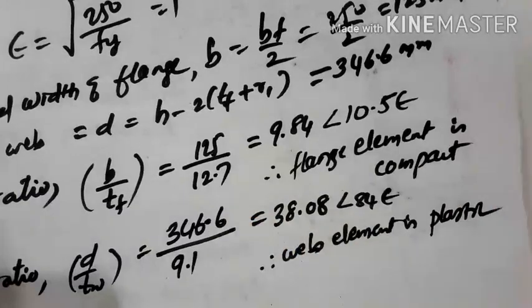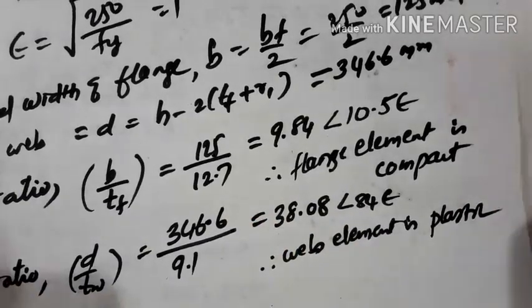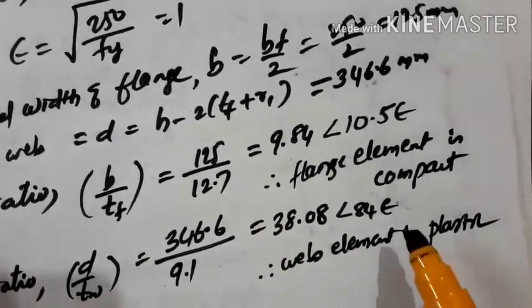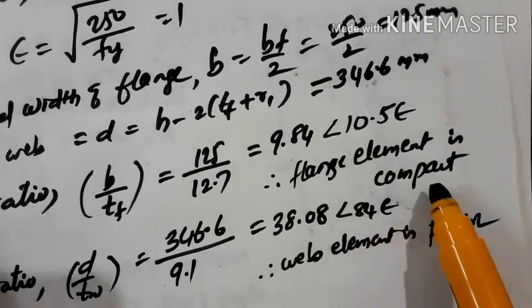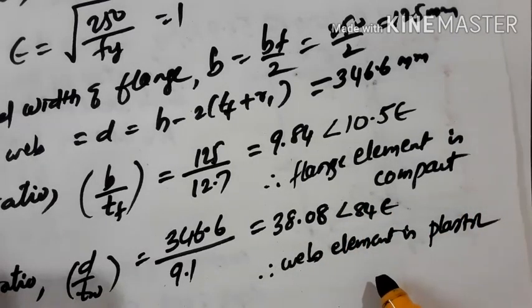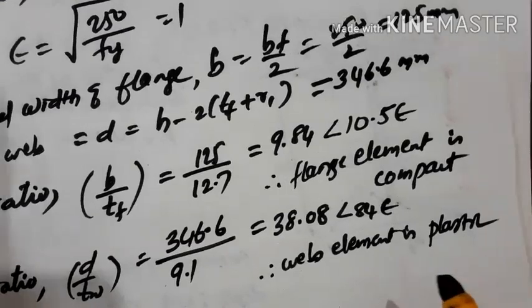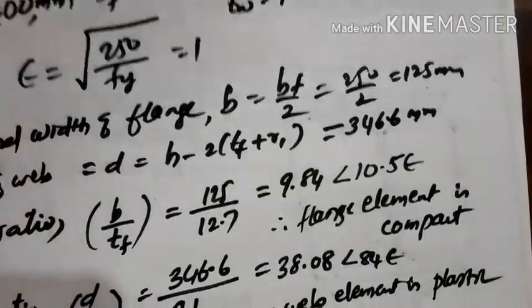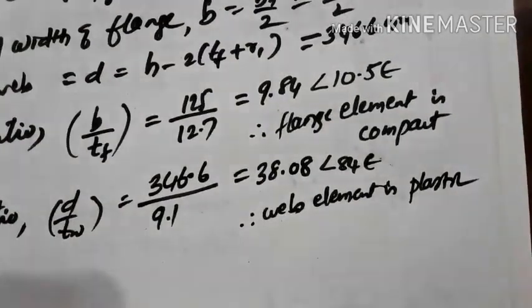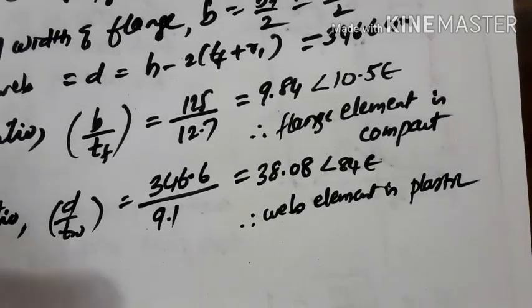So in this case, these two elements behave differently. One element behaves as compact and one element behaves as plastic. So what does the code say if different elements are lying in different classes?